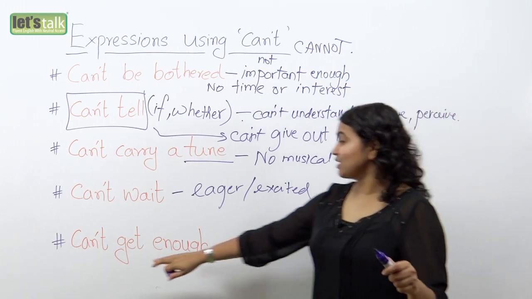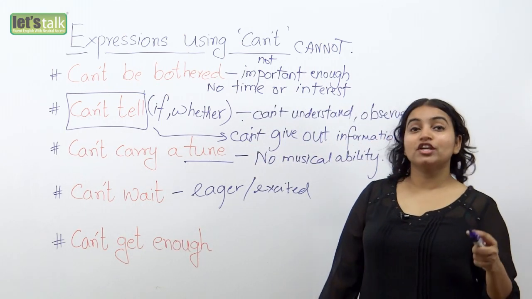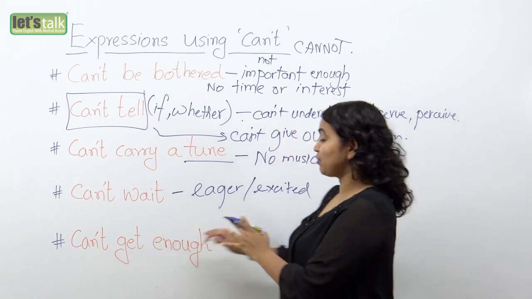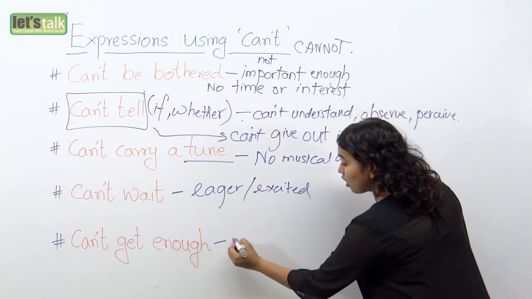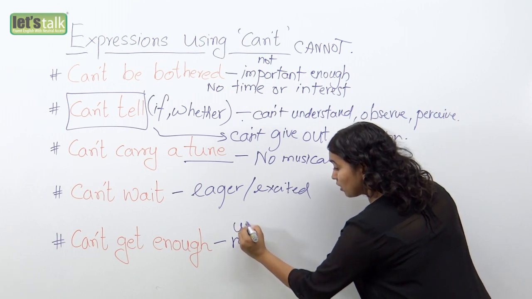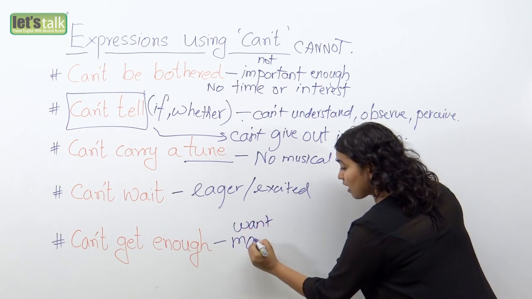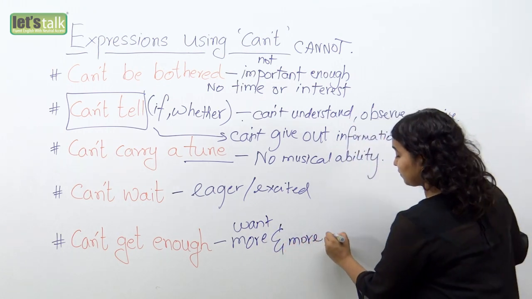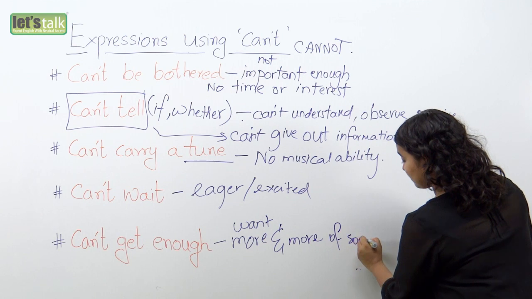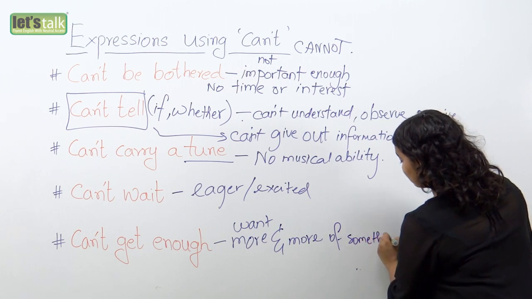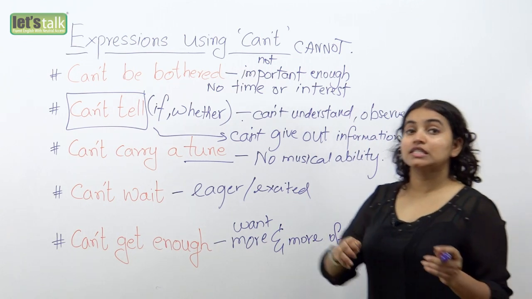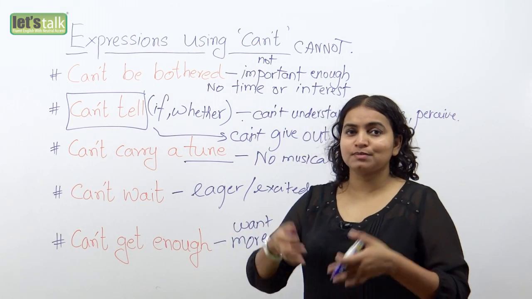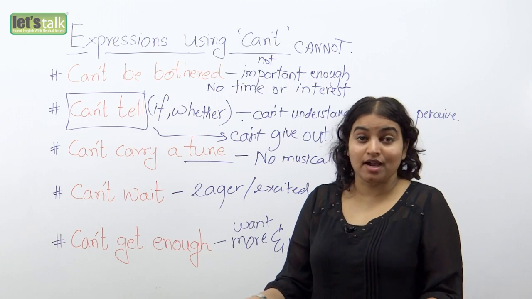Okay, and the next one is when you can't get enough of something. Can't get enough basically is an expression to show that you want more. So you want more and more of something. This can refer to some people who are addicted to a thing, a person, or a specific event perhaps.